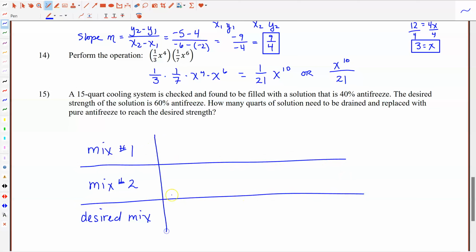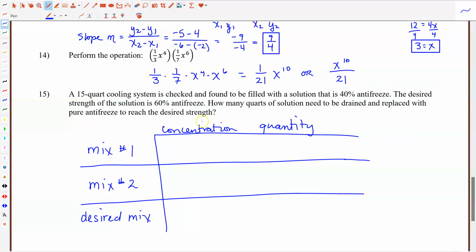Alright, so from that then, I'm going to finish my table by building some other columns. The first column I'm going to keep track of is the concentration of the mixtures that I'm starting with. And the next thing I'll keep track of is the quantity, or how much of that particular concentration I have or I'm using.